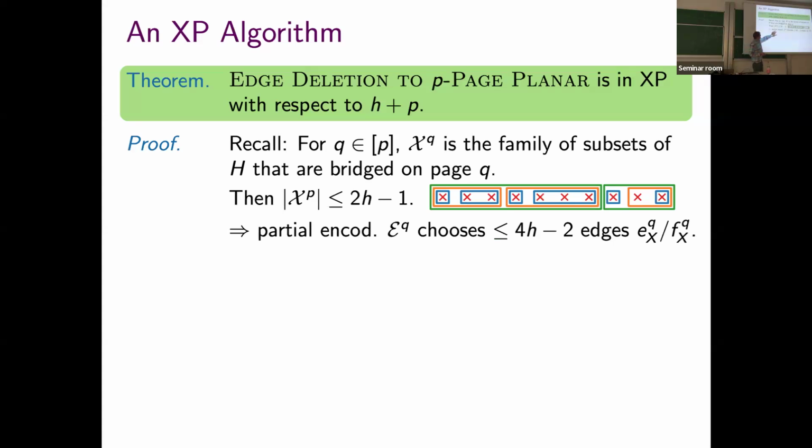So that means that such a partial encoding on a specific page Q chooses 2 times as many edges, the E edges and the F edges, the outer and the inner edges.